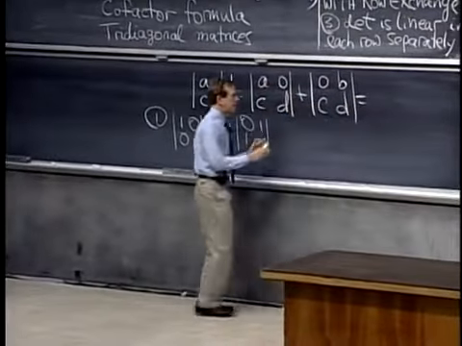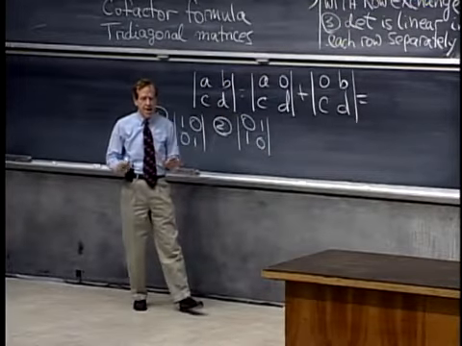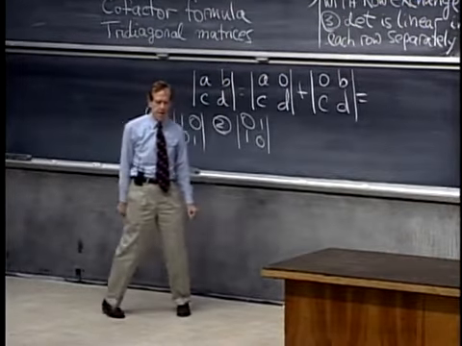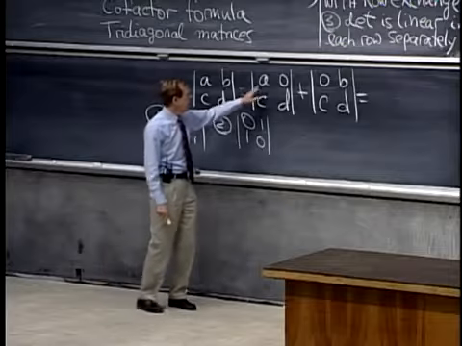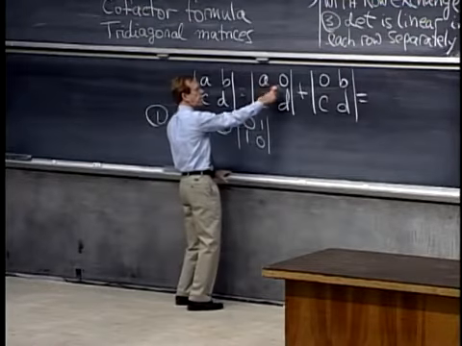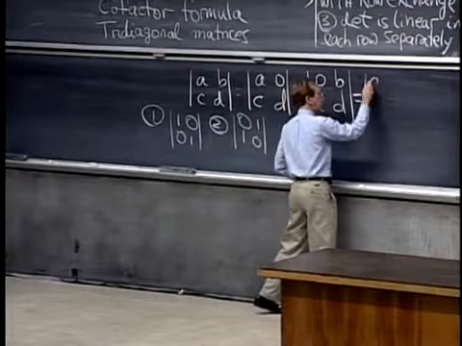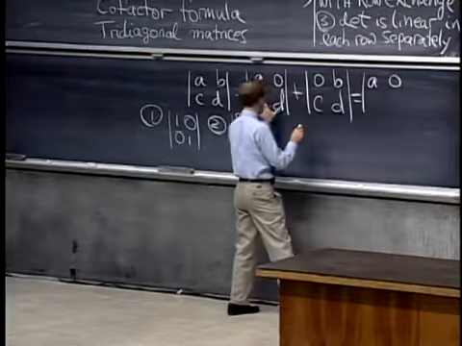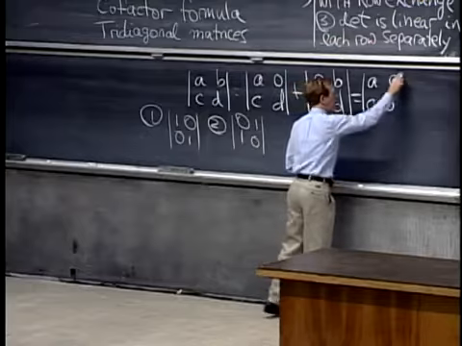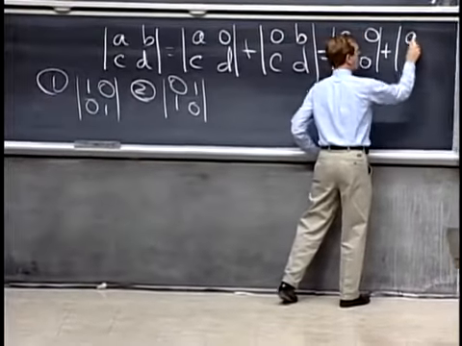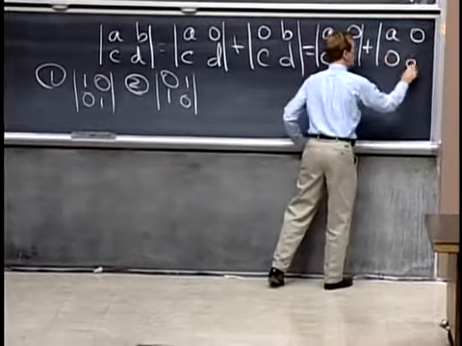Because if I can make the matrices diagonal, then I'm clearly there. So I'll take this one. Now I'll keep the first row fixed and split the second row. So that'll be an A0, and I'll split that into a C0, and keeping that first row the same, a 0D.